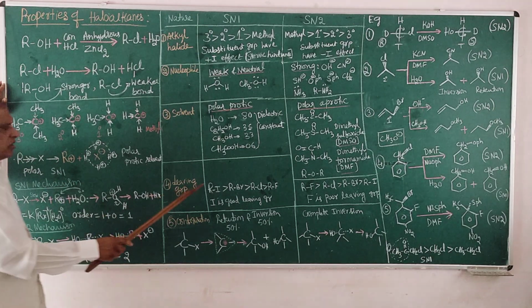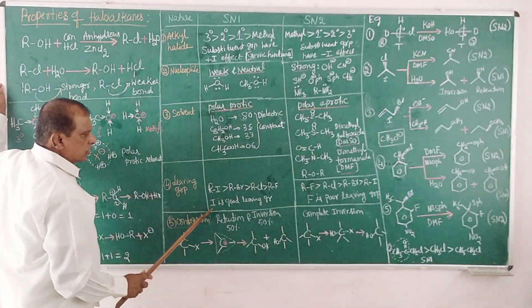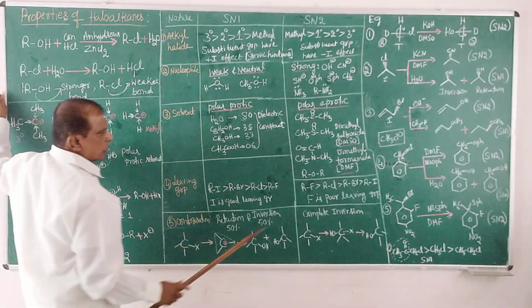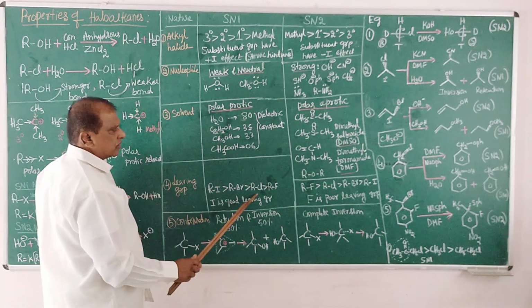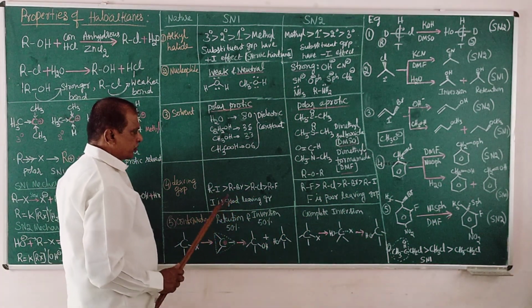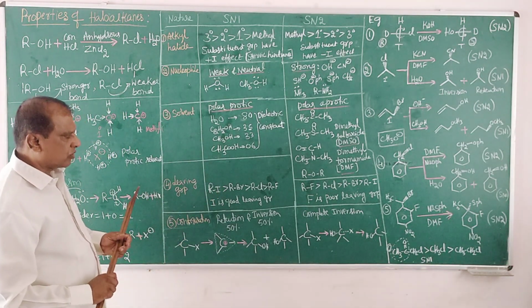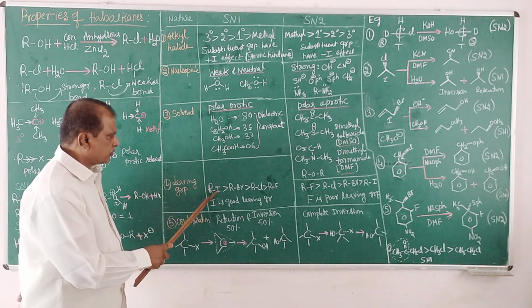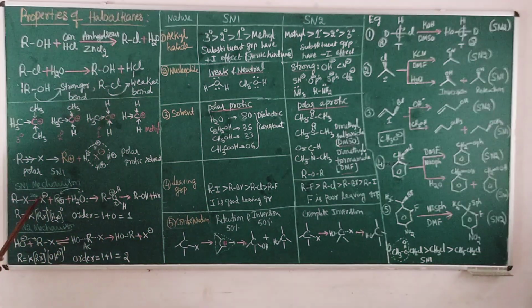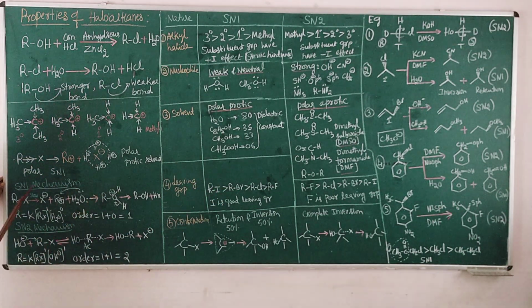Among the different halides, Br and I are very good leaving groups, and F is a poor leaving group. The halide leaves easily, breaks the chemical bond and goes away. So I and Br usually favor this mechanism.